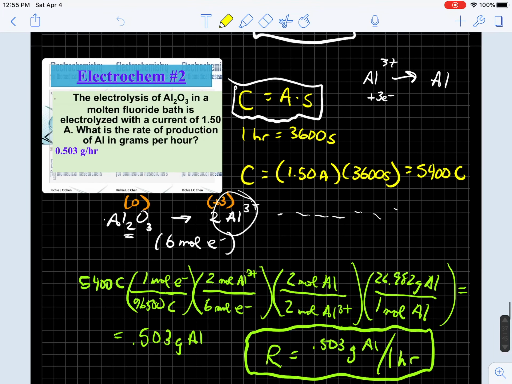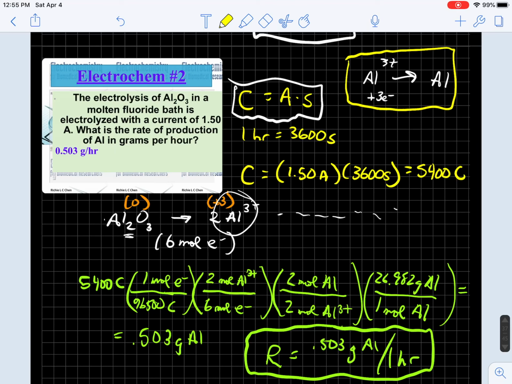Okay, electrochem number 2. We are going to take aluminum oxide and create aluminum from it. Understand that when aluminum oxide is a compound, aluminum is in a positive 3 oxidation state. So really what we're doing is going from aluminum 3+ down to aluminum.